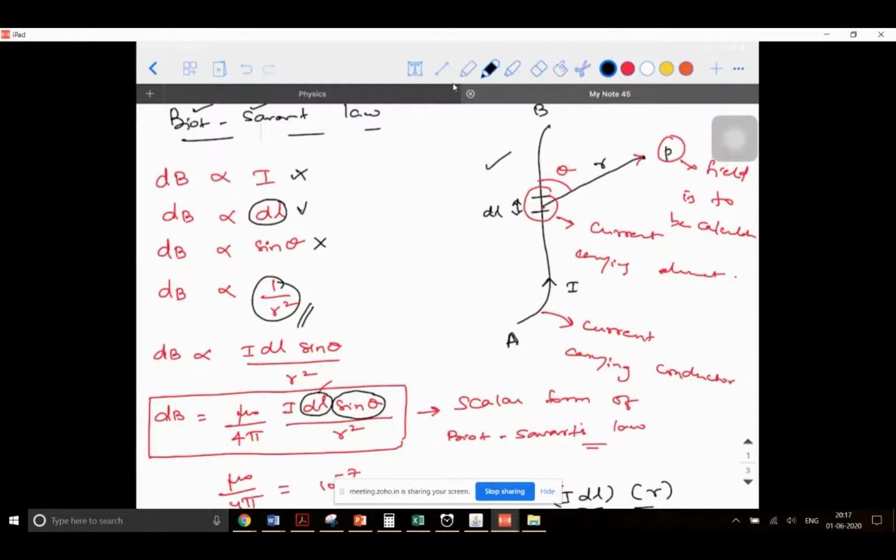So the east to west. No, west to east. Okay, let's keep this west and east aside. Into the plane of the paper. That's what I wanted. It is going to be into the plane of the paper. Right, you applied right hand thumb rule, am I right?